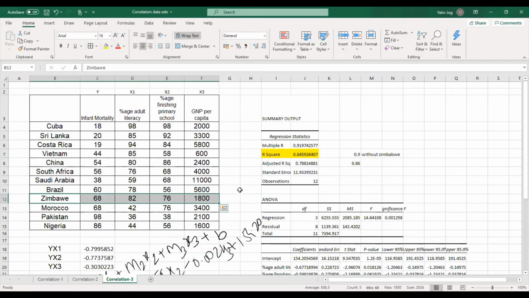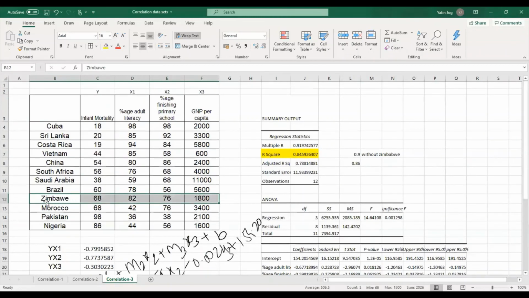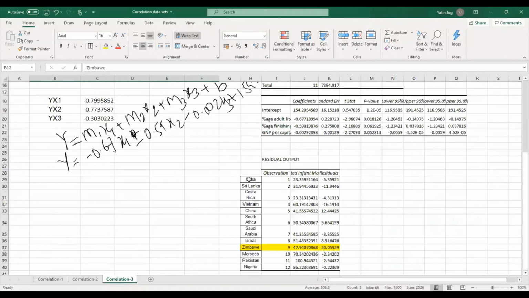This also indicates, because I'm not changing my model. I'm keeping my model fixed, x1, x2, x3 to predict y. I'm just removing one data entry from my data set. That indicates that the data model I'm trying to build is very good for all the countries except Zimbabwe.